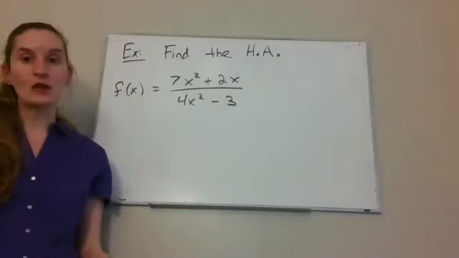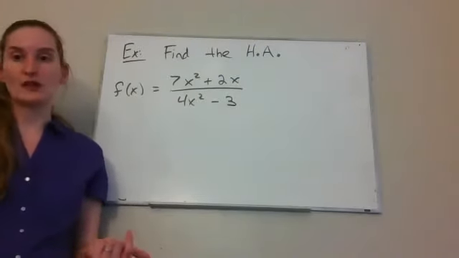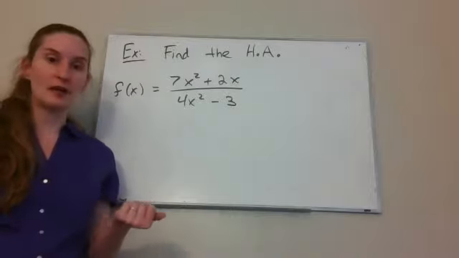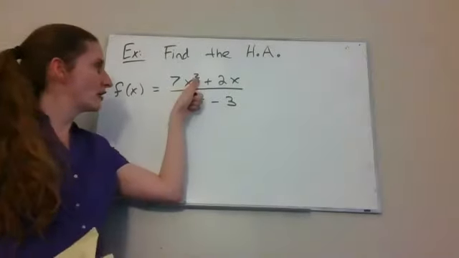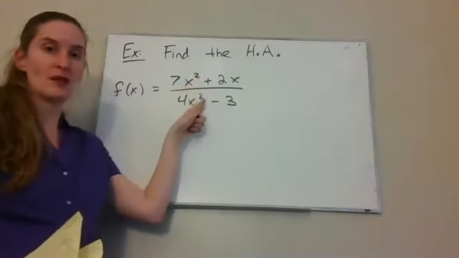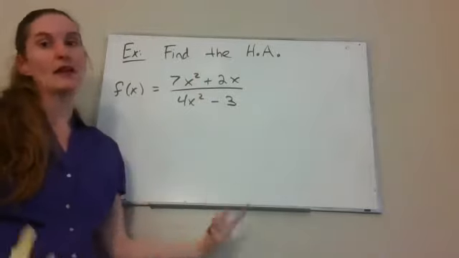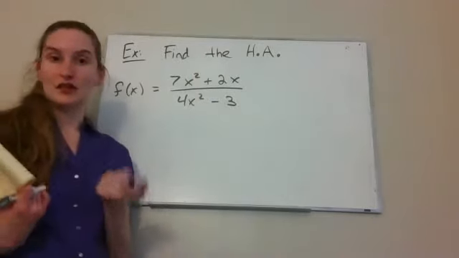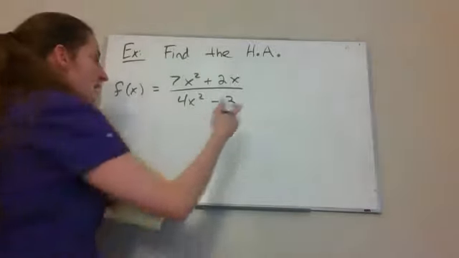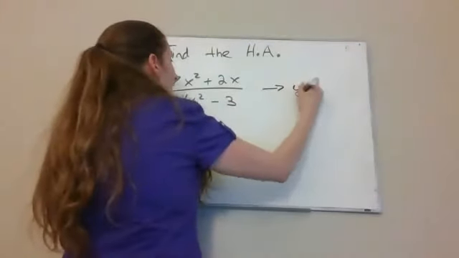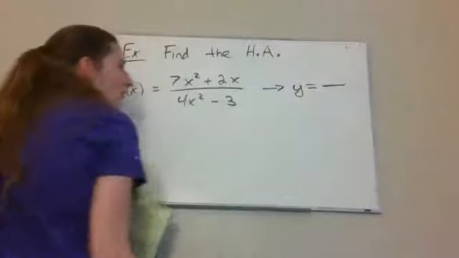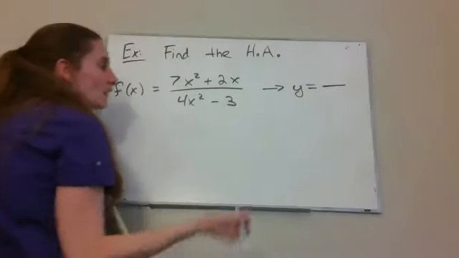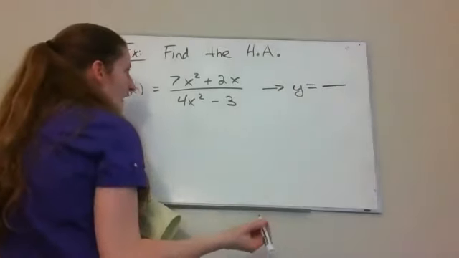So to figure out the horizontal asymptote, you just have to look at the degrees of the numerator and denominator. The degree of the numerator is 2, degree of the denominator, also 2. They agree. So since the degrees are the same, this tells me that y equals the ratio of the coefficients is going to be the horizontal asymptote.